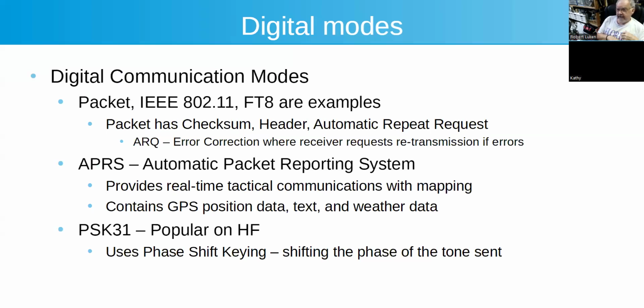FT8, FT4, JS8. There's MSK144, which is one of them that's used when we talked about meteor scatter. There's one called Echo, which is used for people that want to do moon bounce and bounce the signal off of the moon. A whole bunch of things.